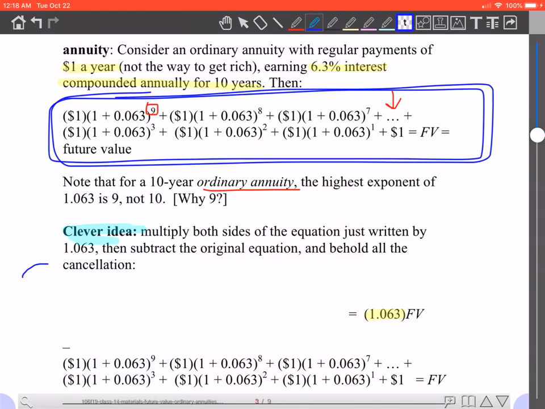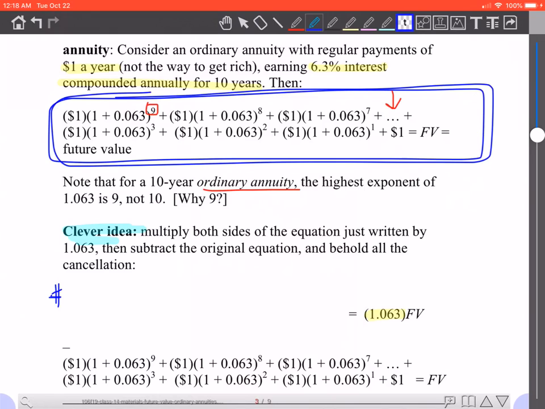Whoa, what a mess. That space there, I'm going to write down what each of the terms would look like. Now again, I'm going to skip a few of the terms because I clearly don't have enough space to write all of them, but I want you to think about what multiplying by that extra growth factor of 1.063 will do to each of those terms on the other side of the equal sign. For example, the very first term, actually, you know what?